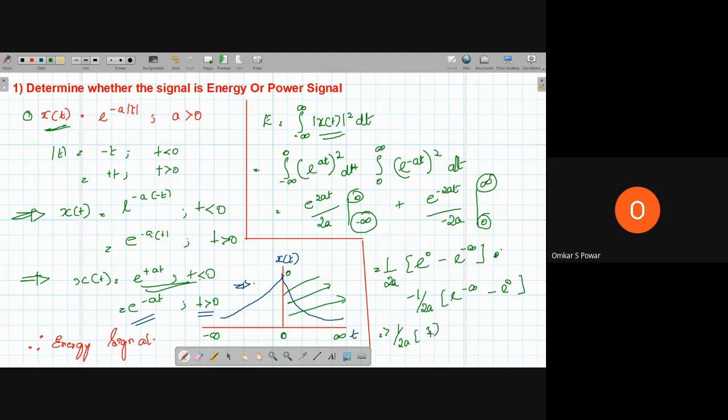So we will leave that. Minus 1 by 2m e power minus infinity is again 0 minus 1. So this will be equal to 2 by 2a, which is equal to 1 by a. So this is how you solve and find out whether the signal is energy signal or power signal. Then you solve it. So let's do some more problems with respect to this.